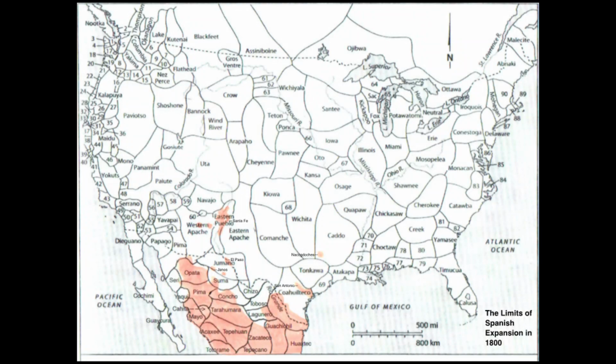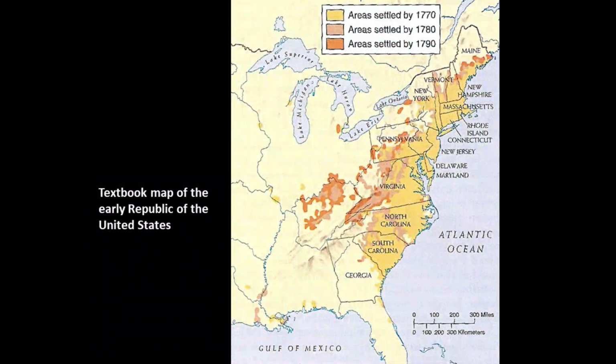But let's think about 1800. Let's think about another map. So here we're back to a textbook map again. And this is all the area of the early Republic of the United States.